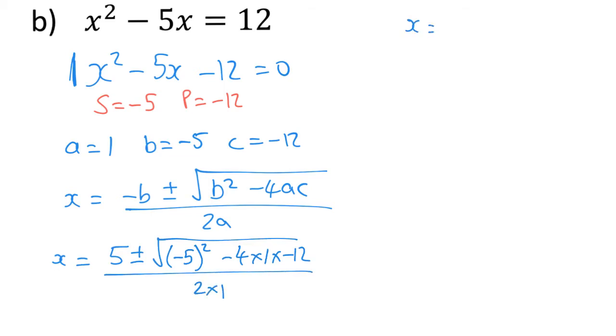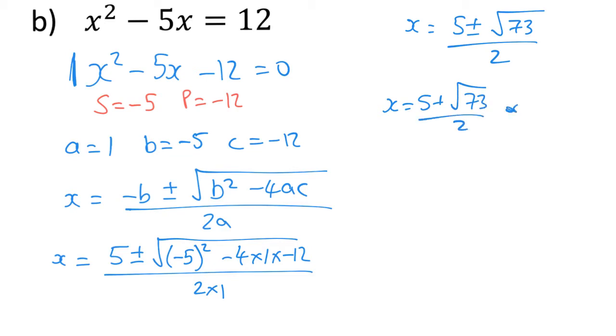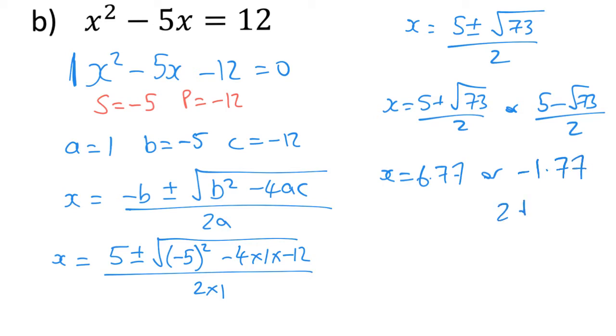So x will equal 5 plus or minus the square root of 73 over 2. So x equals 5 plus the square root of 73 over 2, or 5 minus the square root of 73 over 2. Put that into your calculator, we get answers of 6.77 or minus 1.77, and both of those are correct to 2 decimal places.